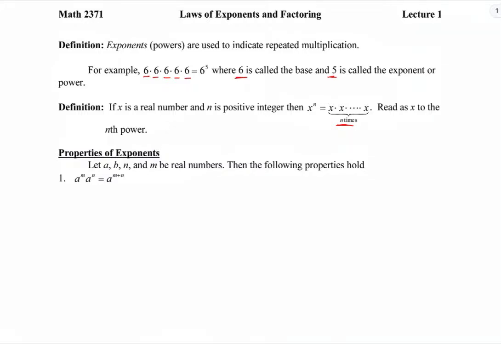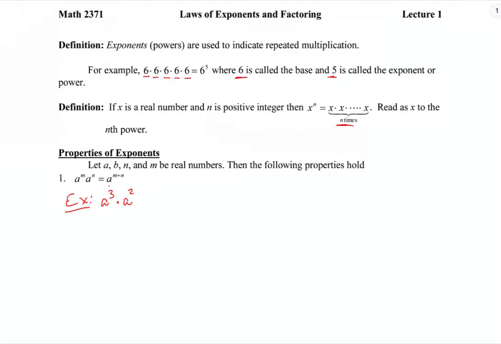So now let's go on to our properties. Okay. So let's talk through an example here. So say that I have a to the m and a to the n, and I want to show you that that equals a to the m plus n. So say that I had a cubed times a squared.